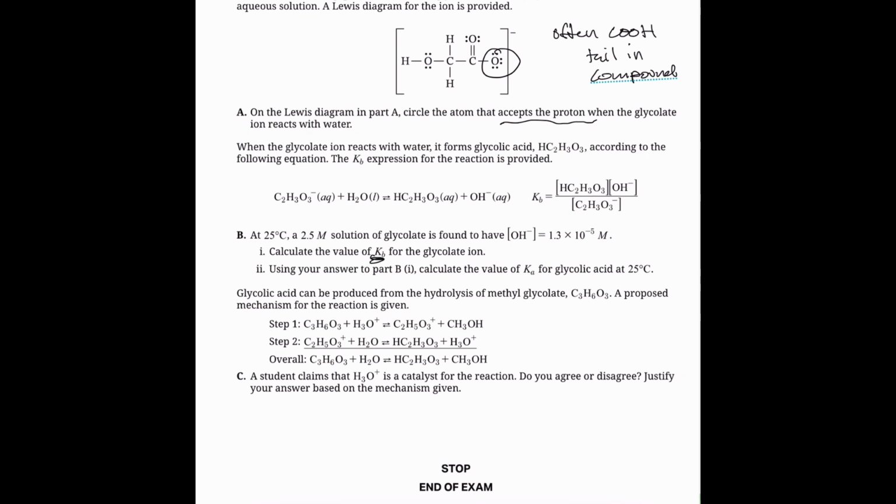For question B, part 1, you calculate Kb. The formula for Kb is given to you above, as Kb equals the concentration of C2H3O3 times the concentration of OH minus over the concentration of C2H3O3 minus. Once again, my pen died, so just give me a sec.